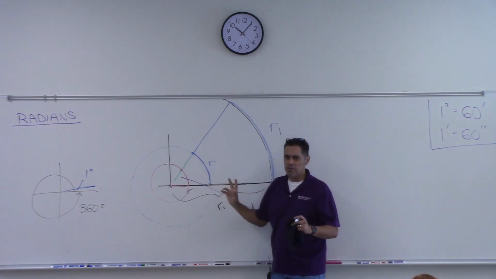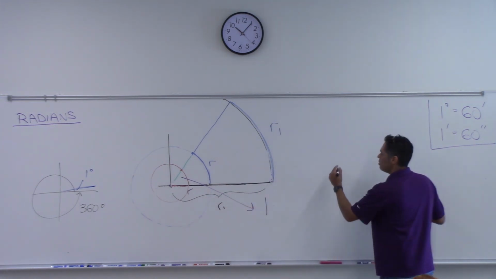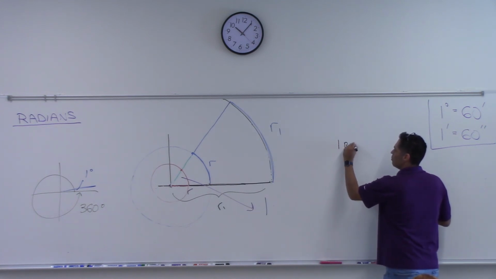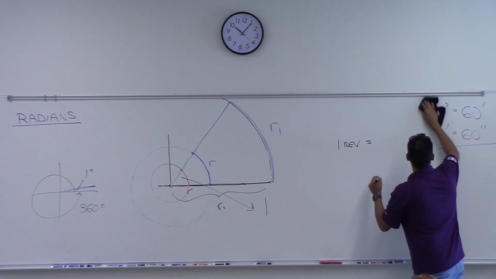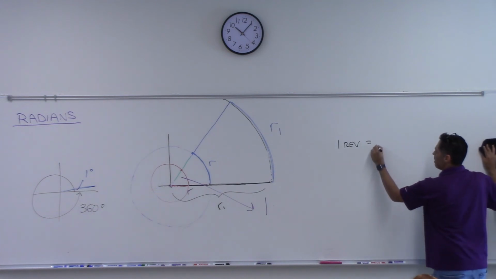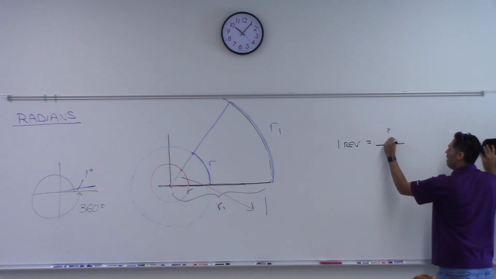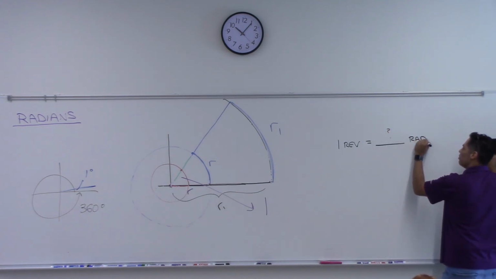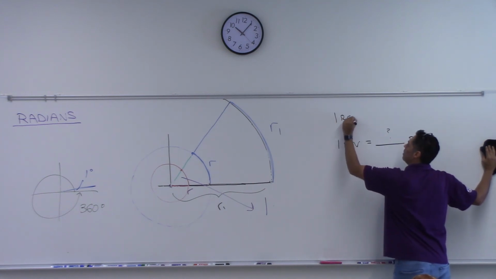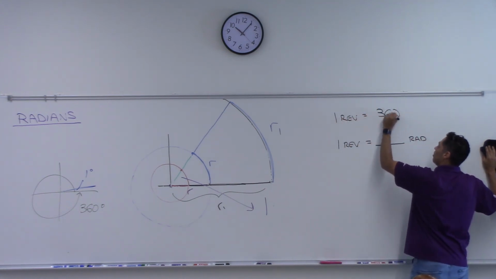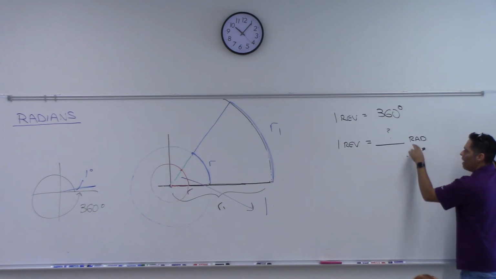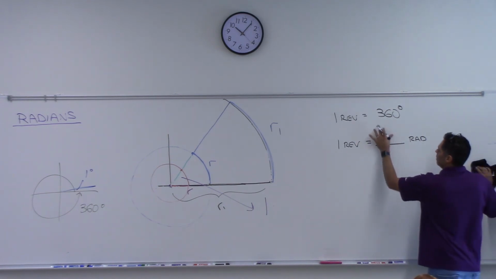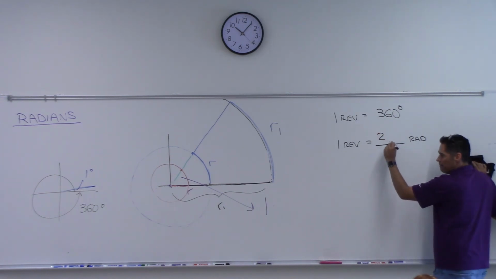So no one knows how many radians there are in one revolution? The question is, how many radians are in one full revolution? One revolution is equal to 360 degrees. We already know that. But in radians, what is it? 2 pi.